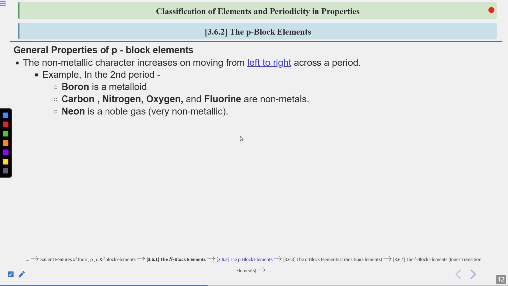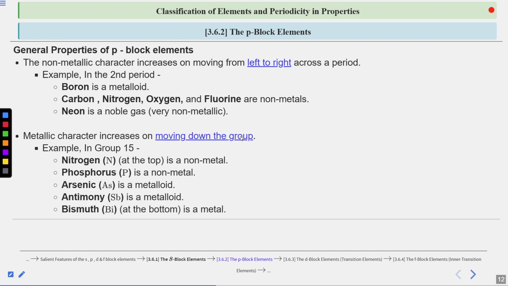This is true for the whole periodic table, not only for the p block elements. Similarly, if you move down the group, as we have seen for the s block, the metallic character increases. Why have we not talked about the non-metallic character in the case of the s block? Because all of the elements are metals.